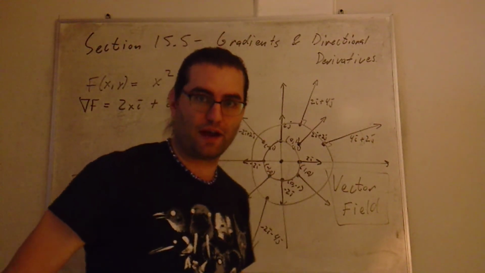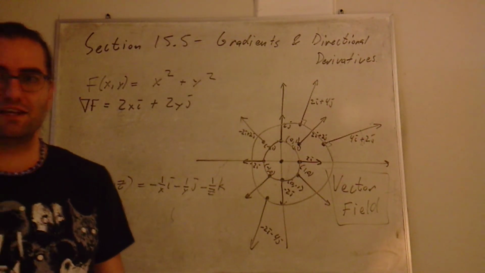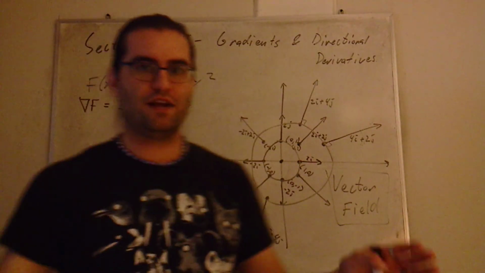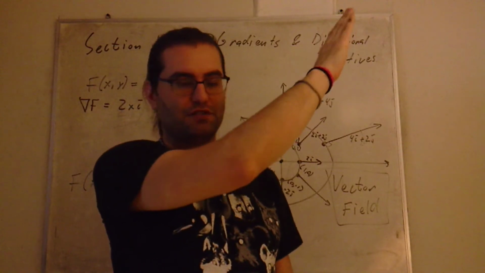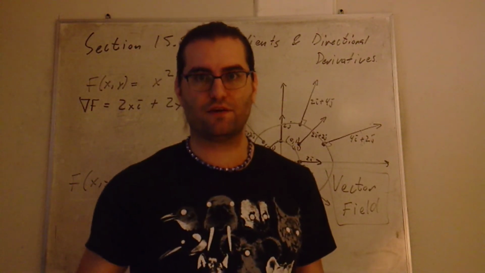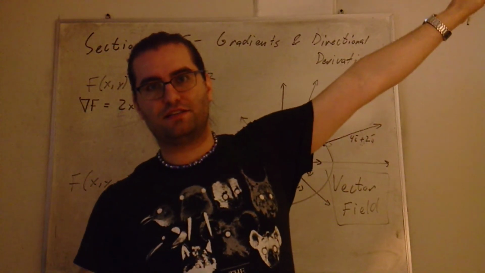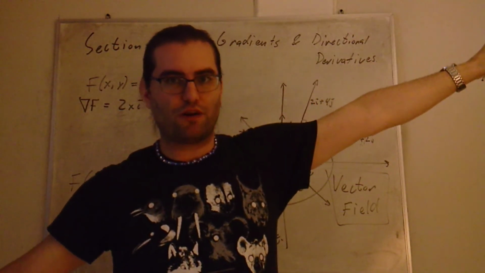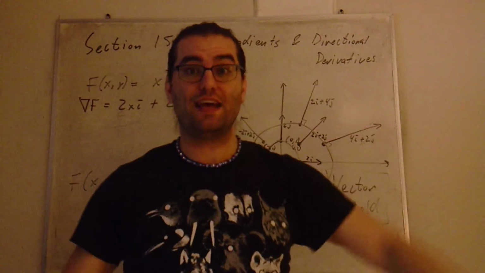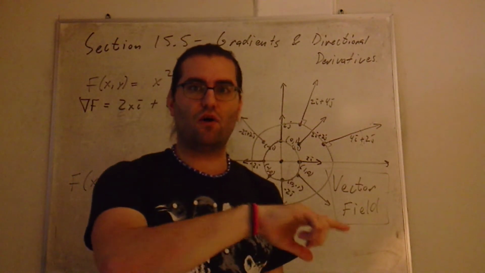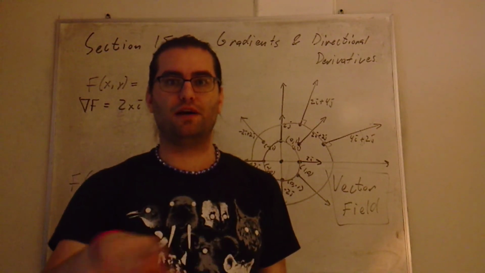If you walk backwards, that is the steepest descent. If you turn exactly 90 degrees from the gradient and walk in that direction, right in between steepest ascent and steepest descent should be whatever keeps you flat. And that's what a level curve means. The level curve is all of the points that have the same height.